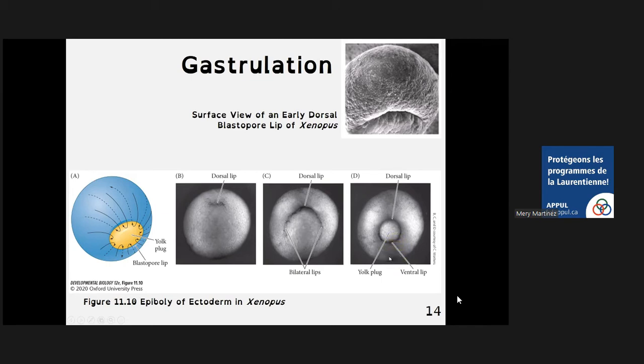So with the formation of the ventral lip, the blastopore has formed a ring. That is what we have in here. So we need all four lips to start forming, the two lateral, the dorsal, and the ventral. And now the yolk, which is the endoderm, is completely inside of the ball, right? And because now all the yolk is inside, that's what we call the yolk plug.